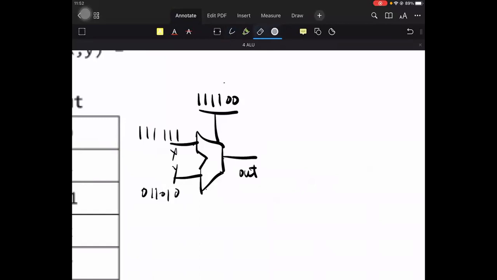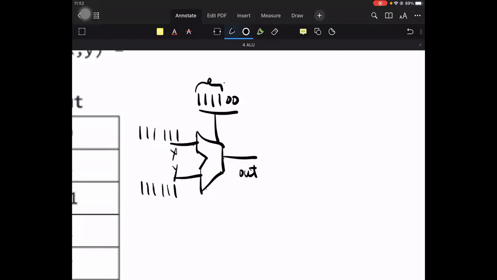Next is Y: it converts Y into all zeros, and then converts it into all ones. So that's what would happen if the first 4 MSB of our opcode is 1.